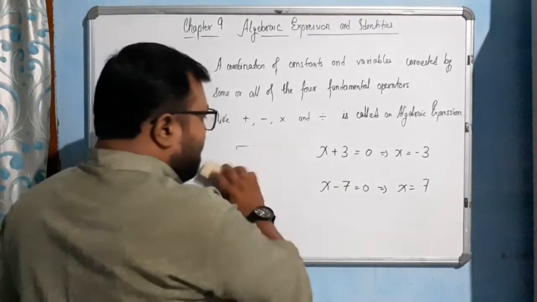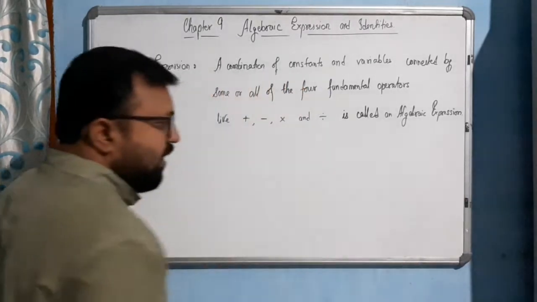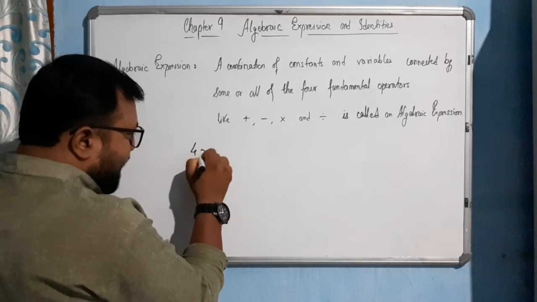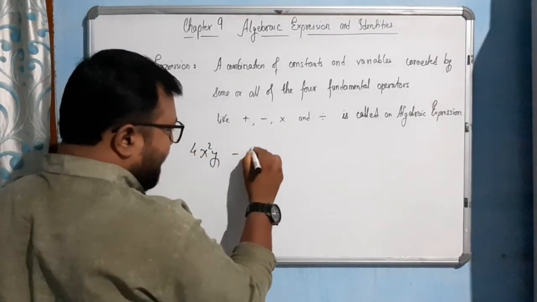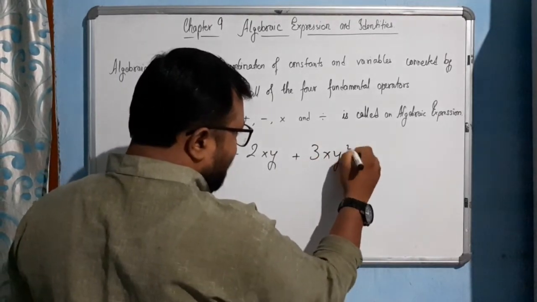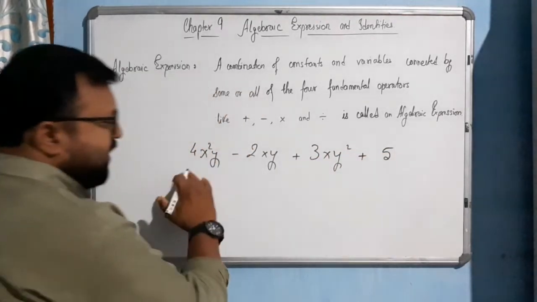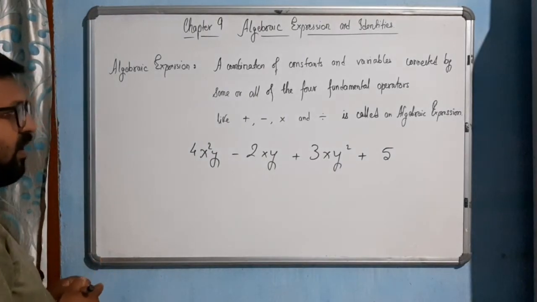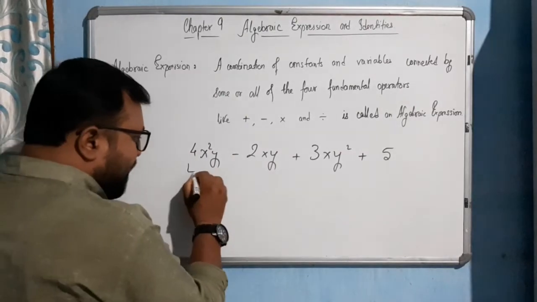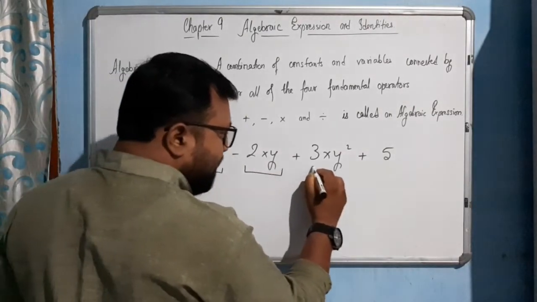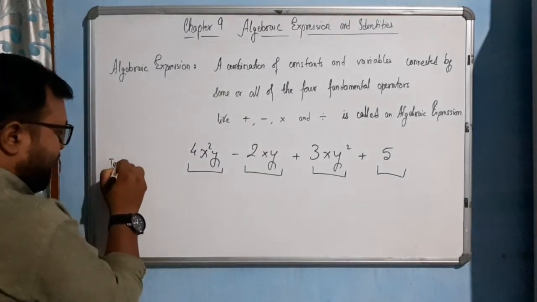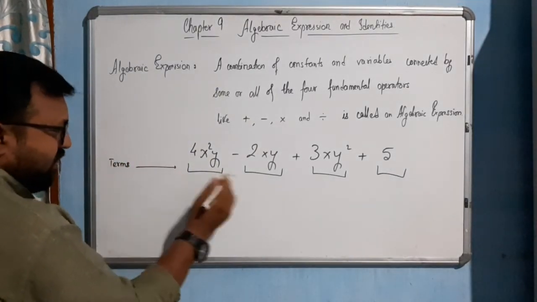Now let me write an expression. Suppose 4x square y minus 2xy plus 3xy square plus 5. This is an expression. In this expression, these are known as terms.